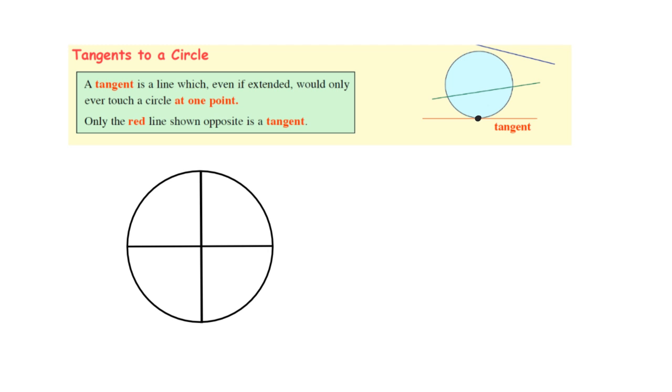I also just showed you how we take a chord, or in this case the green line is a diameter, which is a special chord. If we were to drop that, then we would create multiple chords as we came lower and lower, and eventually would move outside of the circle.